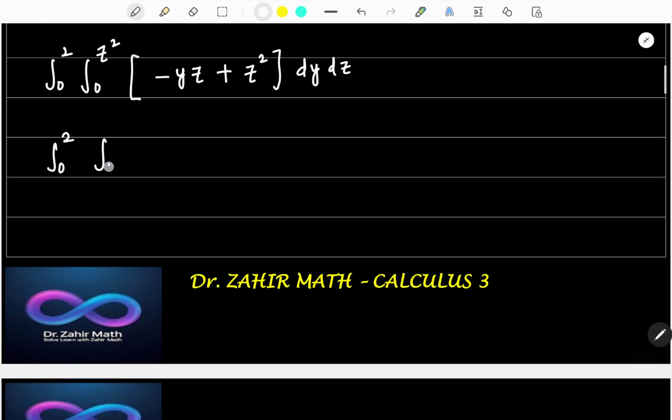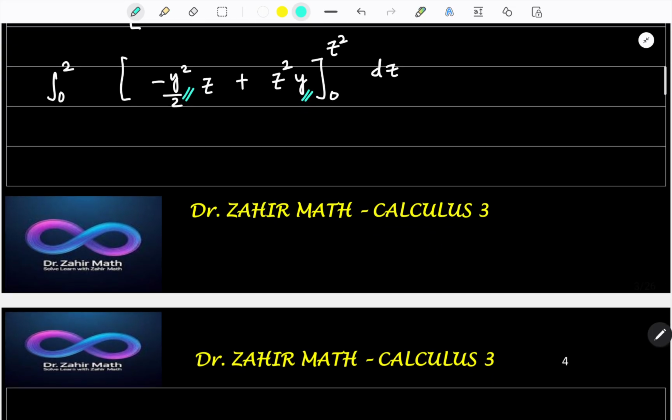The limits should not be written yet, because we are going to start the integration. So it is minus y square divided by 2 z, plus z square is a constant, which is z square y, from 0 to z square, into dz. After the integration is over, make sure we substitute the limits for y. That is very, very important.